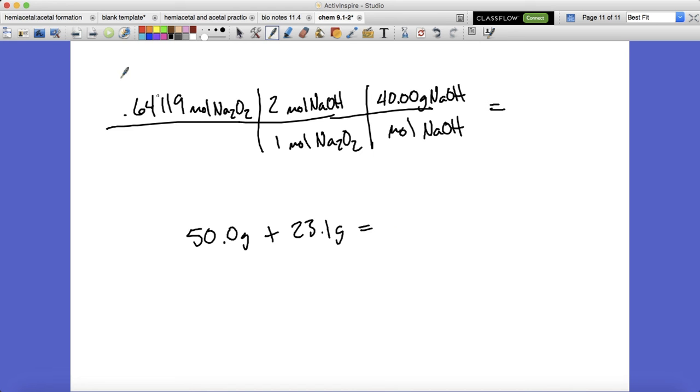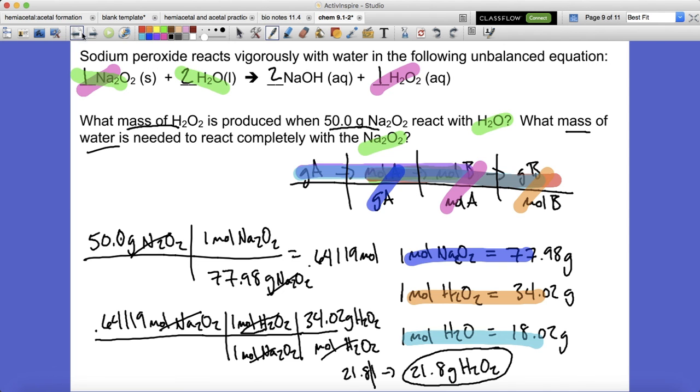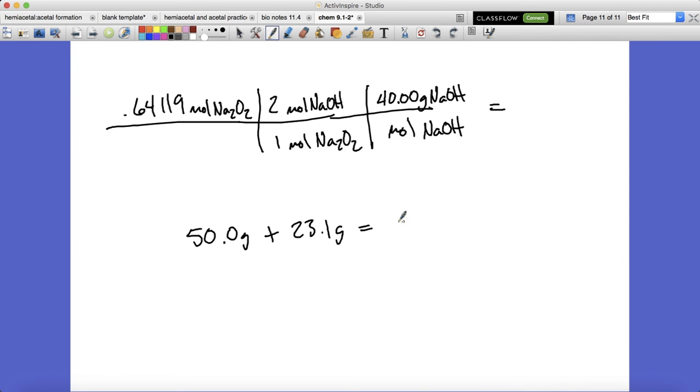And I formed, what was it? 21.8 grams of hydrogen peroxide. So if I wanted to know the mass of sodium hydroxide, I could just add up those first two things, 50 plus 23.1, and then subtract 21.8, because there's a certain law in science that allows me to do this.